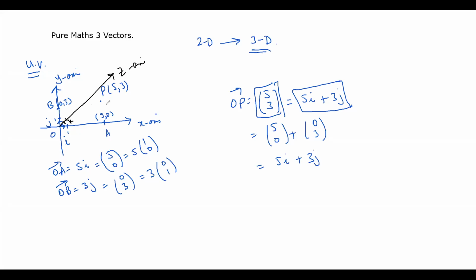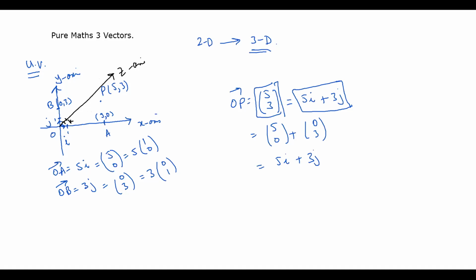So now suppose you are inside a room and you can tell the position of your center table, a vase on the center table, or a book or a wall clock, whatever you have there, you can tell its position, okay? Now to make it clear, I'll be taking the help from a past paper question, okay? So let me share that with you so that we can work through it together, okay?